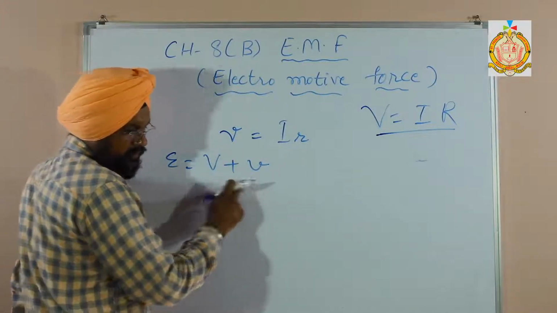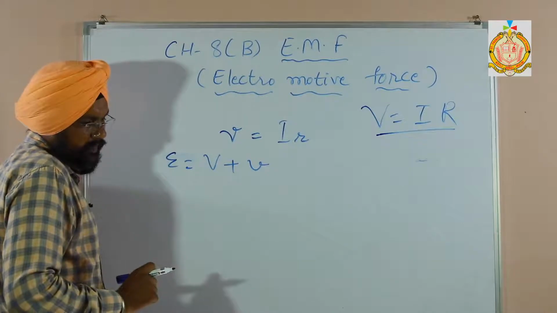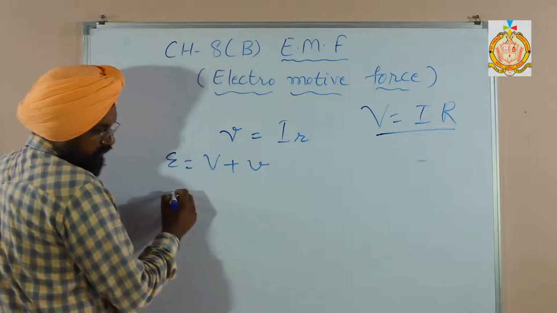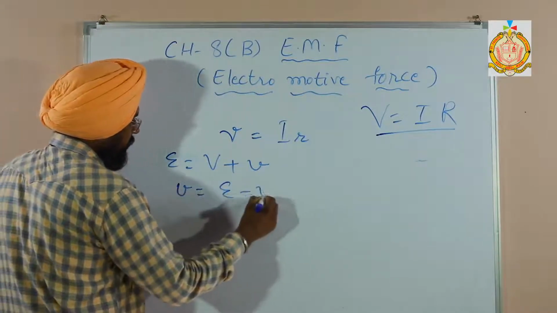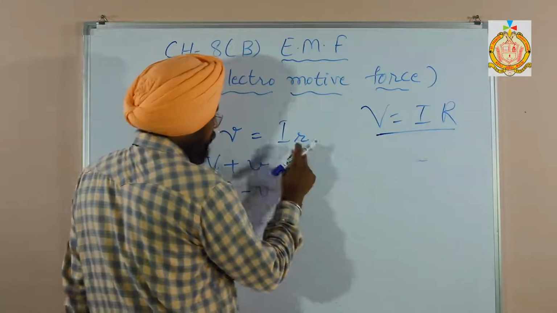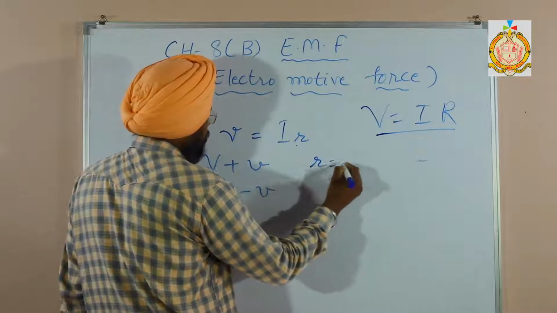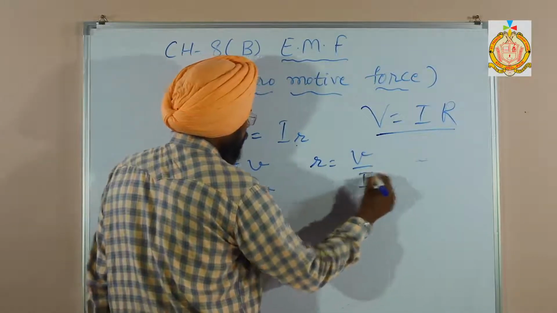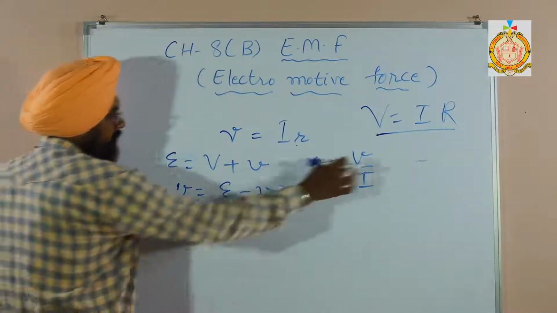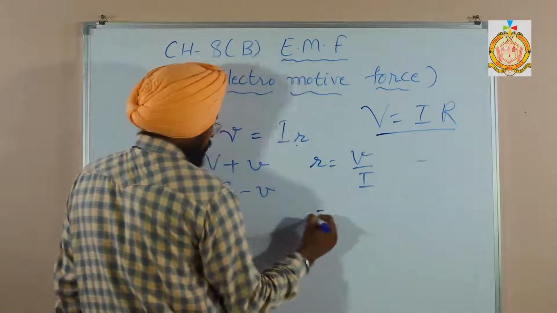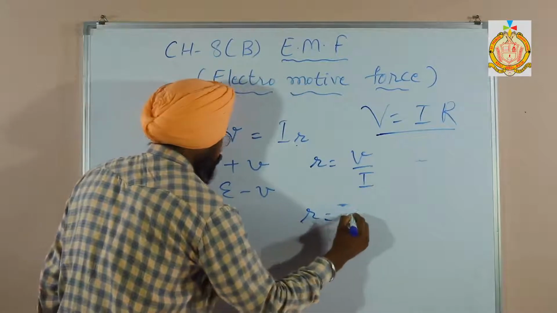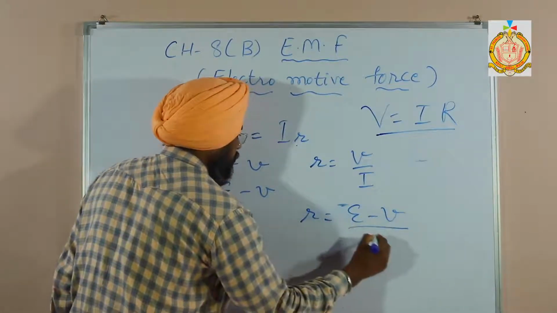We can write small v is equal to E minus V. From here, small r is equal to small v upon I. Substituting small v, small r is equal to E minus V upon I.